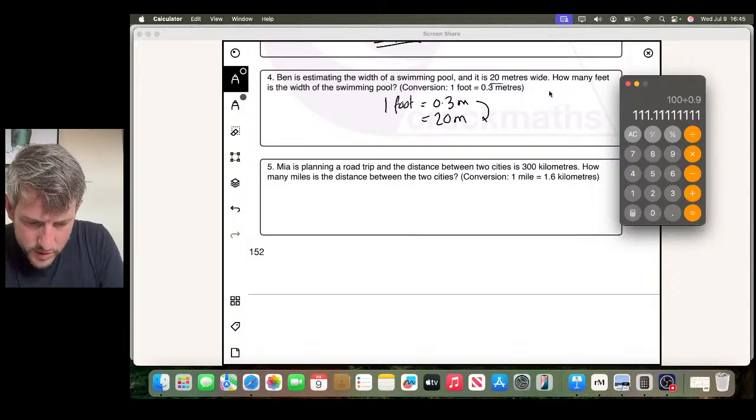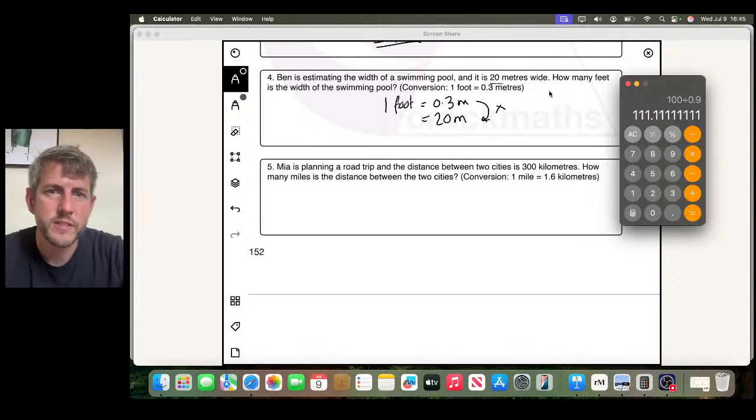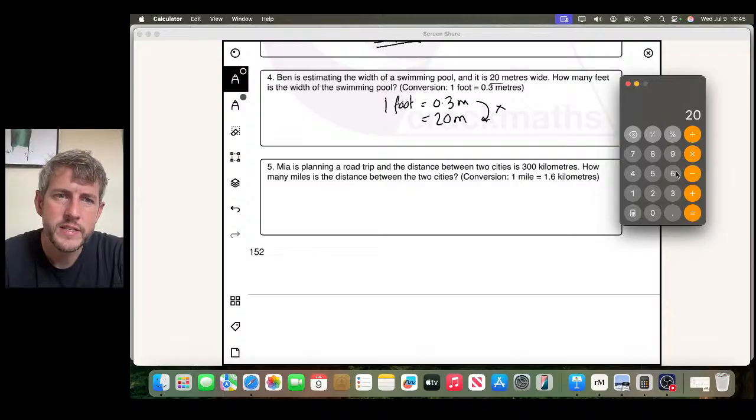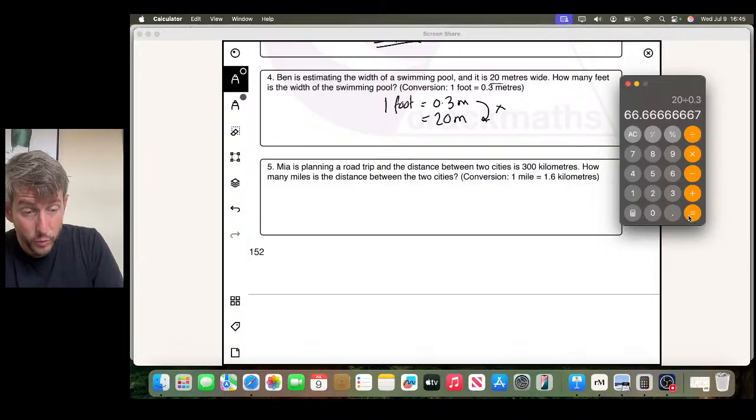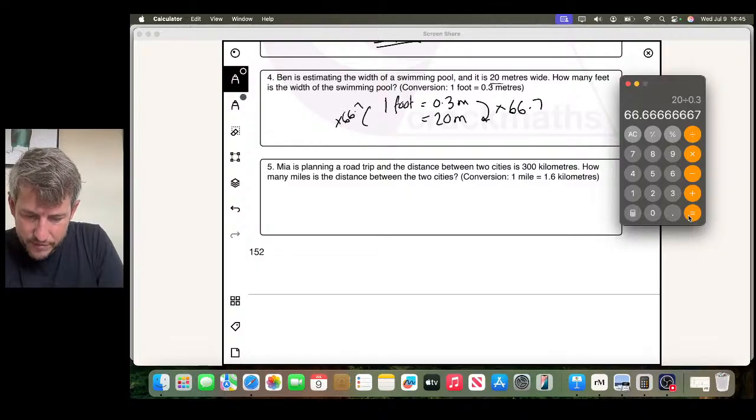So what times 0.3 gets us to 20? So we do 20 divided by 0.3, and that will let us know. So 0.3 times 66.6 recurring, but we're one decimal placing it here, so we'll call it 66.7. So times this by 66.7 as well, because we've got 66.7 lots of 0.3. So that means 66.7 feet.